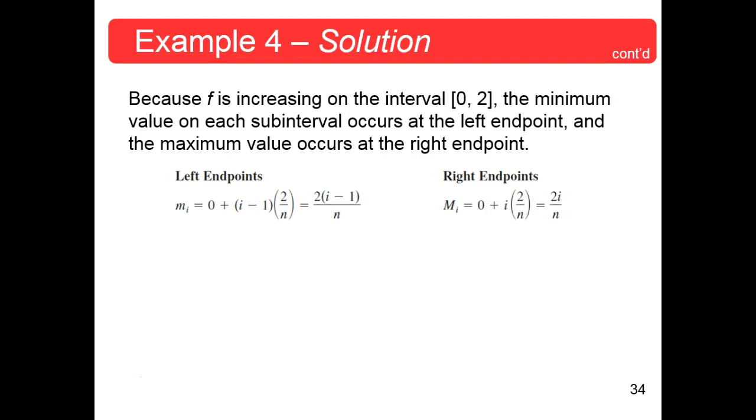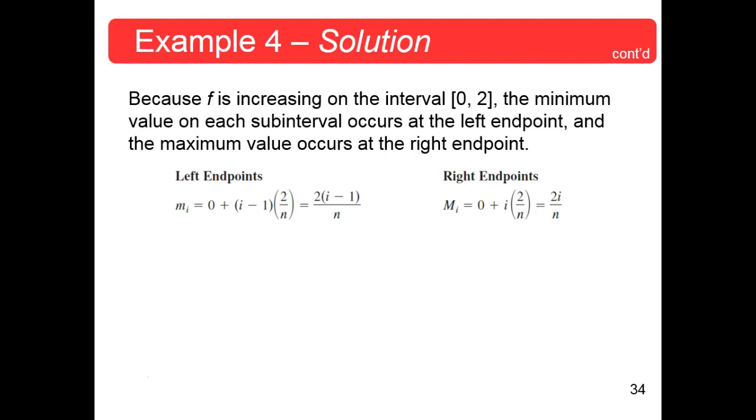So the first one will be 0 times 2/5, the next one will be 2/5, 4/5, 6/5, 8/5. This one is going to be 0, 2/5, 4/5, 6/5, 8/5, and this one is going to start with 2/5, 4/5, 6/5, 8/5.